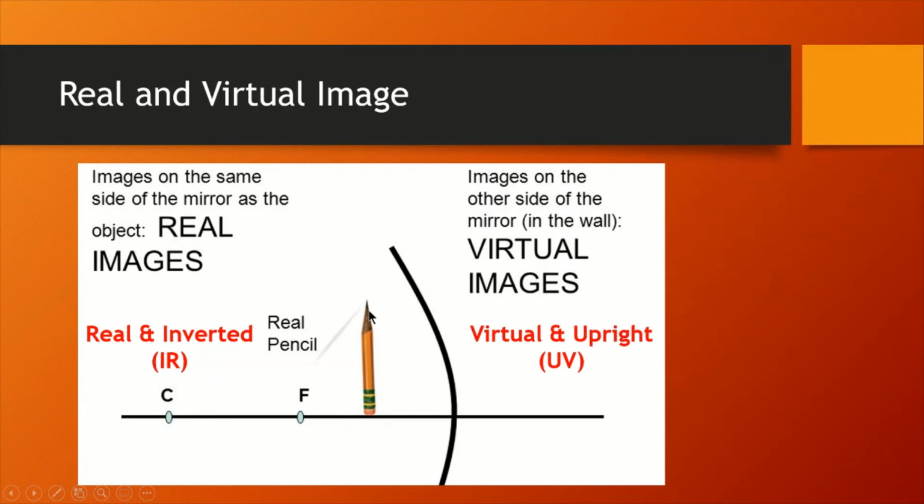Now virtual will always be upright. So again, we borrow the acronym from ultraviolet, electromagnetic waves. So here it is virtual and upright.